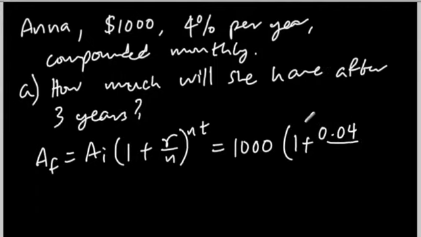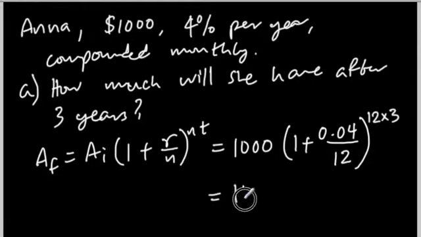It's compounded monthly, so N would be 12, and it's multiplied by 3 because 3 stands for the number of years. If we plug that in, we get $1,127.27. That's how much you would get after 3 years.